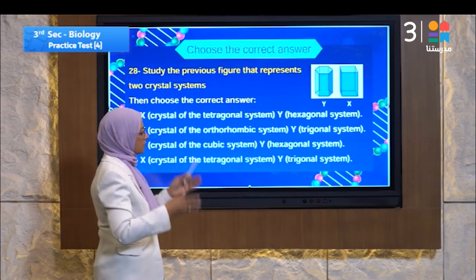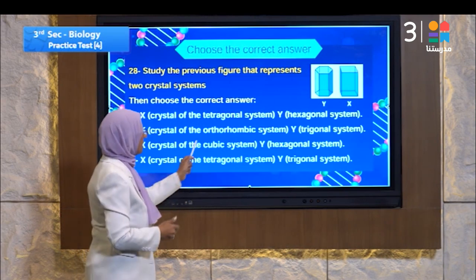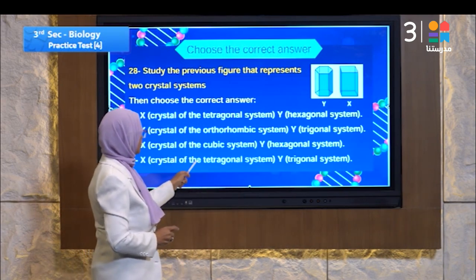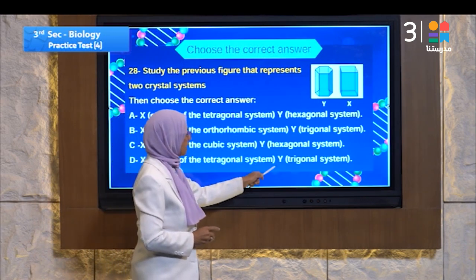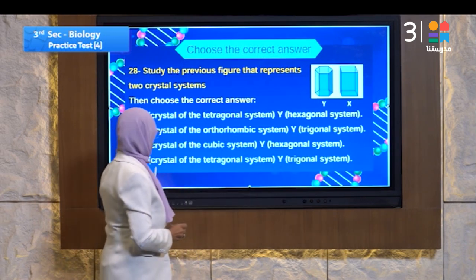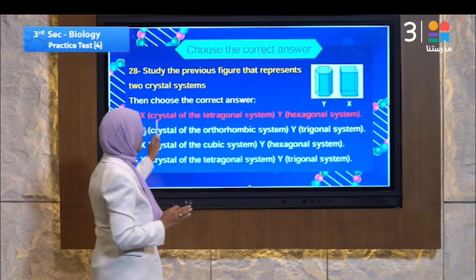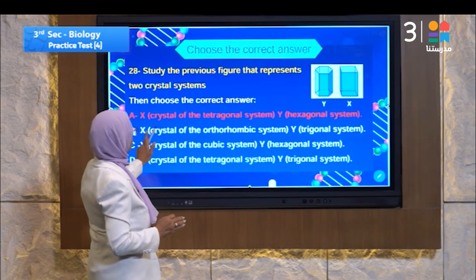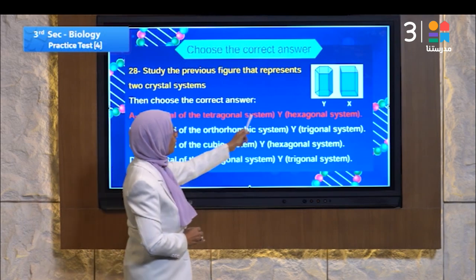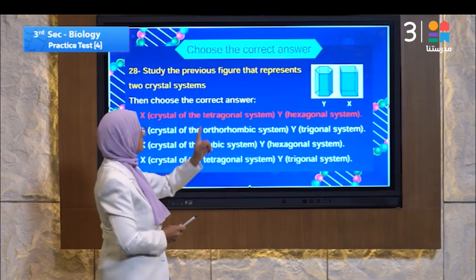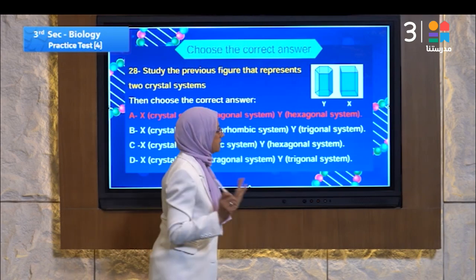The cubic system has the same axes. Hexagonal system is 6. X, crystal of the tetragonal system, and Y, trigonal system. Tetra, 4, tri, 3. So the answer must be crystals of the tetragonal system, Y, hexagonal system. That means tetra, 4, and Y is hexa, 6.